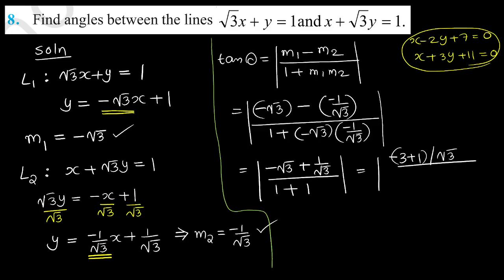Numerator side, let me finish, after that you can ask me doubts. Do the cross multiplication: minus 3 plus 1 by root 3, divided by 2. Modulus of minus 2 divided by 2 root 3.